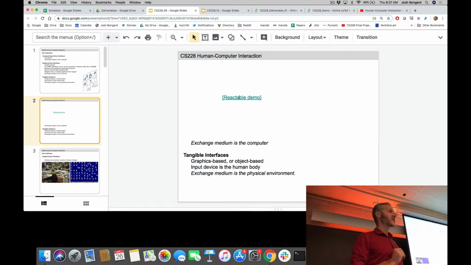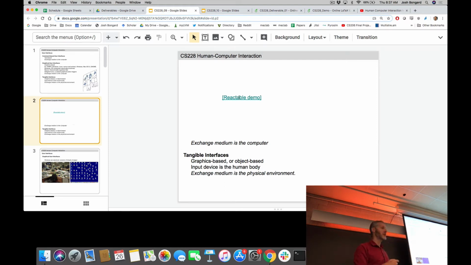In the demo you're going to see in a moment, you'll notice that the users are interacting with physical objects. Those physical objects, in turn, are going to interact with the two-dimensional plane, and that interaction is going to project downward into an information space, and something is going to be projected back to the user.